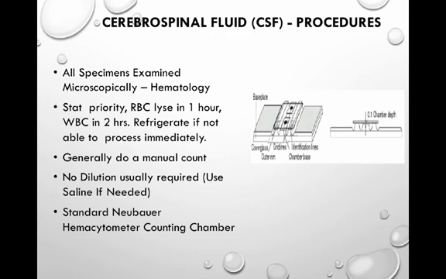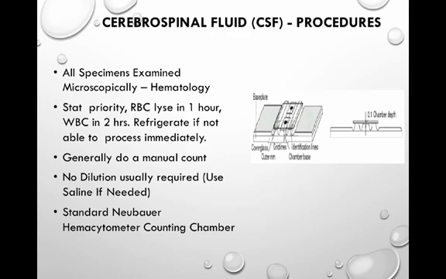Manual cell counts are needed because the numbers of cells present are typically too low to be counted accurately using automated cell counters. Although nowadays more and more instruments are becoming more sensitive, and we might see that definitely change in the future.